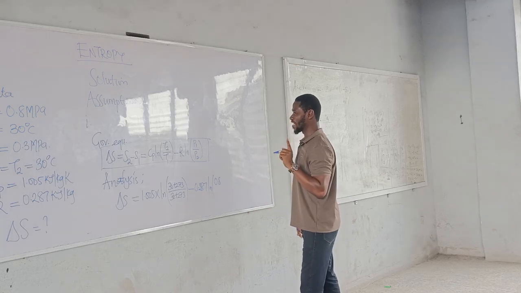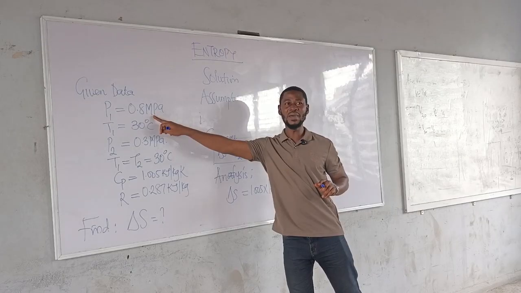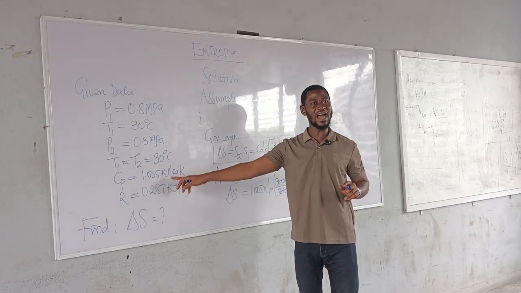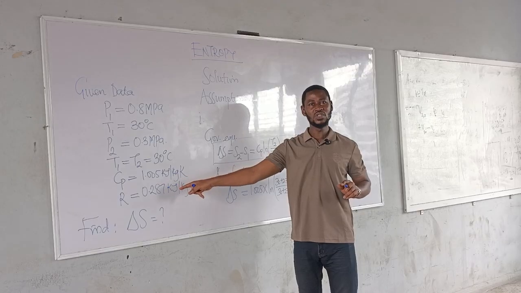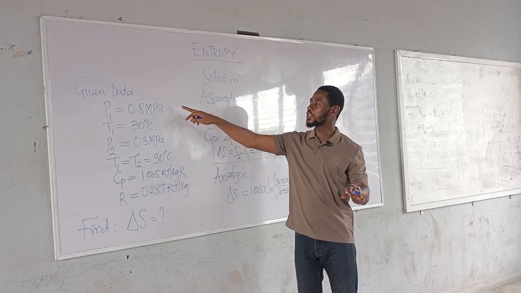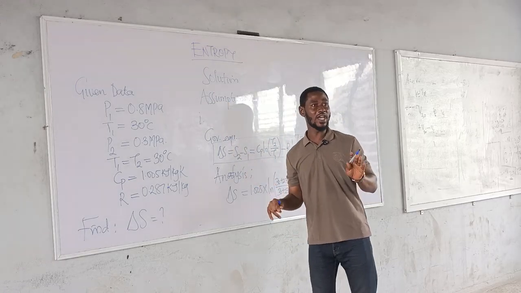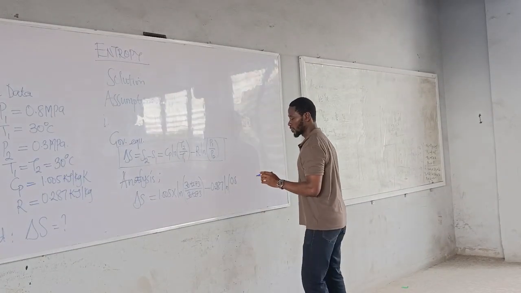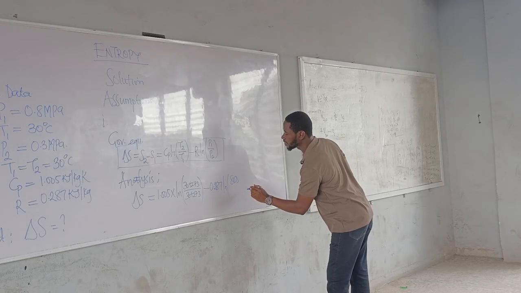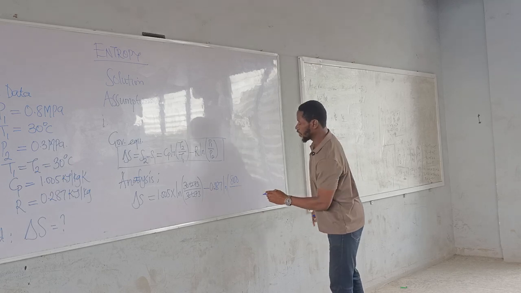You have to be very careful in this case. This P is in mega, while R and Cp are in kilo. So the SI unit must be uniform, and you have to take this to kilo. Multiplying it by 1000, we have 800 kilopascal over 300.